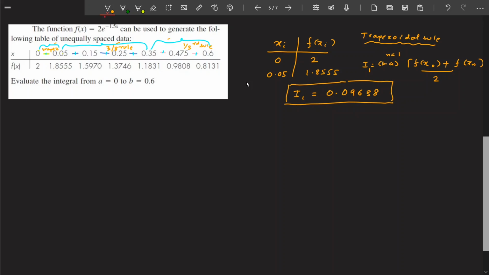Okay, now we have solved this segment. Now let us solve the next one. Let me erase this so that this is clear to you guys.